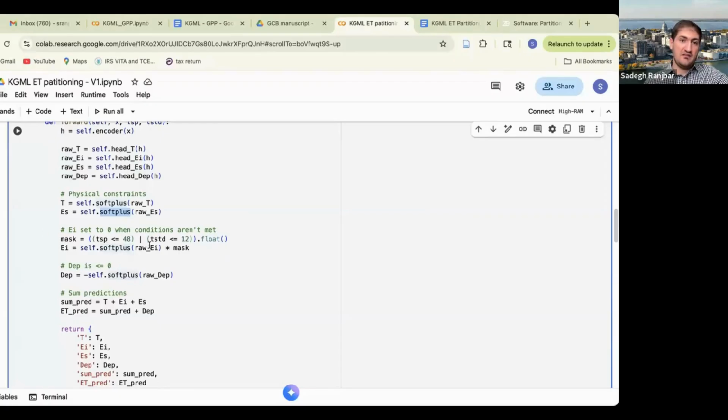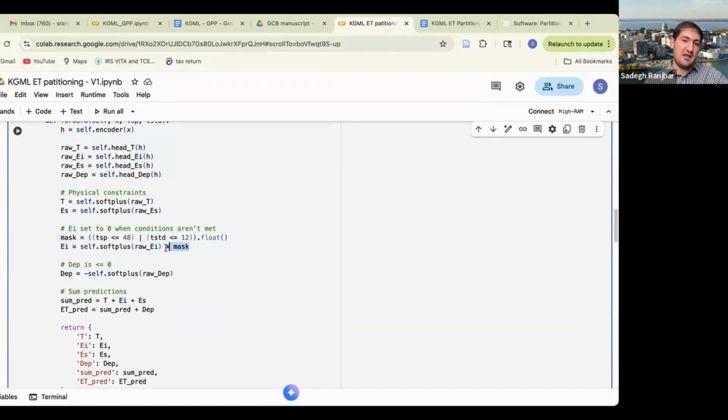And then we also have another physical rule that we considered here for the intercepted evaporation. We said, okay, if the precipitation is less than 48 hours, or if the time is less than 12 hours from the last dew point, consider having intercepted evaporation, unless the canopy is dry.